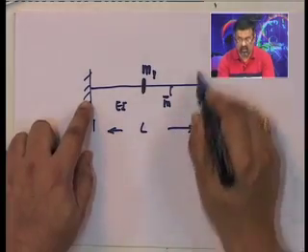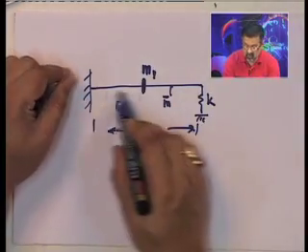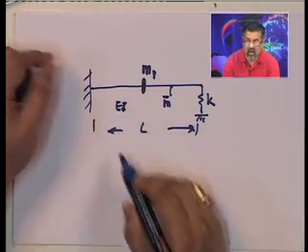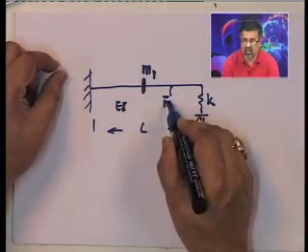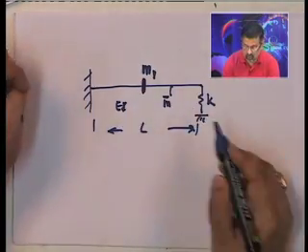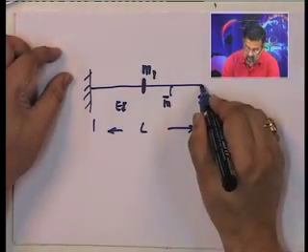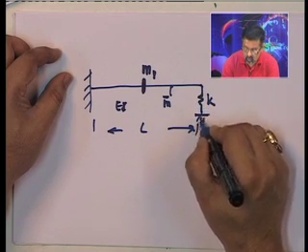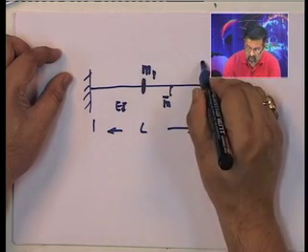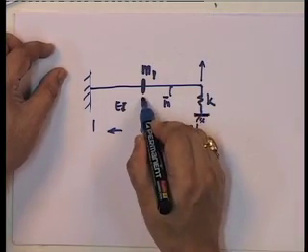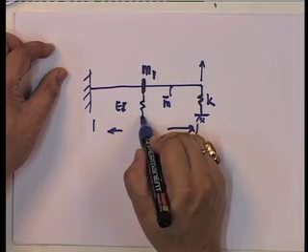This is a flexible bar, given its flexural rigidity is EI. M bar is its mass per unit length and it is a constant, it is a uniform bar, of length L, and at the end I have, and let me also put another, I will put it here.